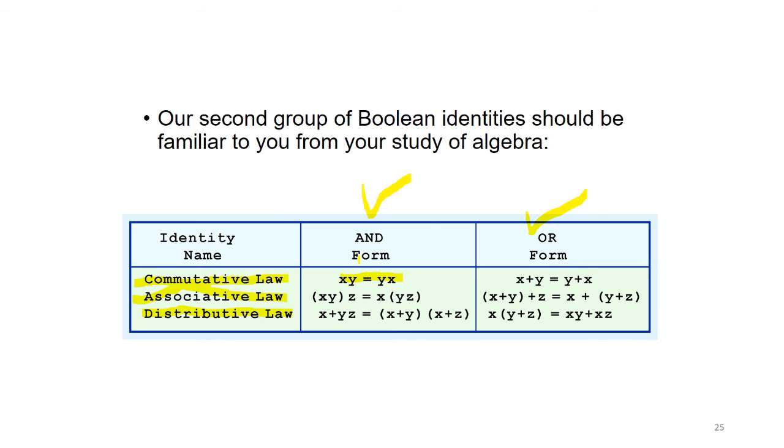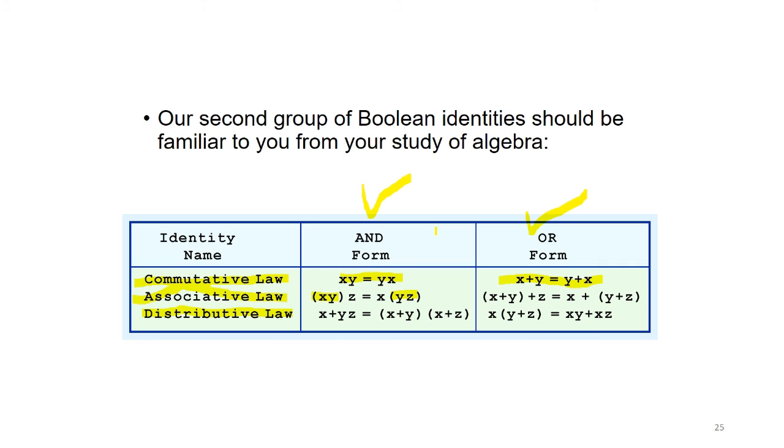For OR format, x plus y should give us a value of y plus x. Associative law, xy bracket z should give us a value of, as you can see, this bracket position has only changed, everything else is remaining the same. It was multiplied with xy, now the bracket has changed its position, it got into yz.